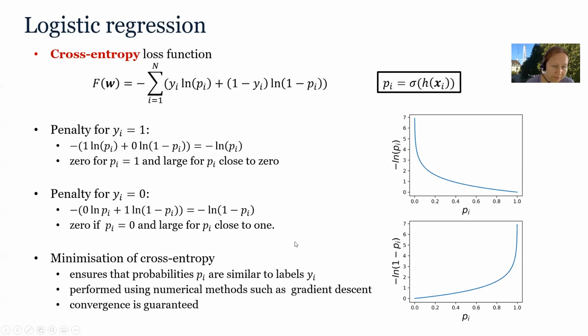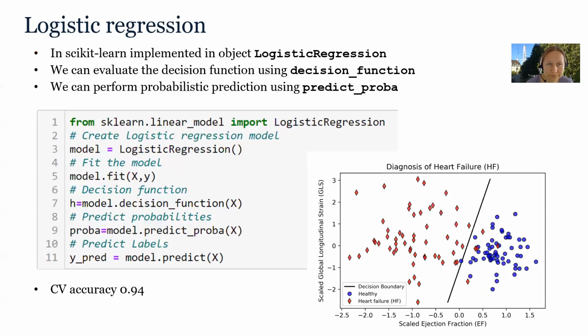This minimization is performed using numerical methods such as gradient descent, and in this case the convergence is guaranteed because cross-entropy is a convex function, so there are lots of good properties for logistic regression. Logistic regression is implemented in scikit-learn in the object LogisticRegression.